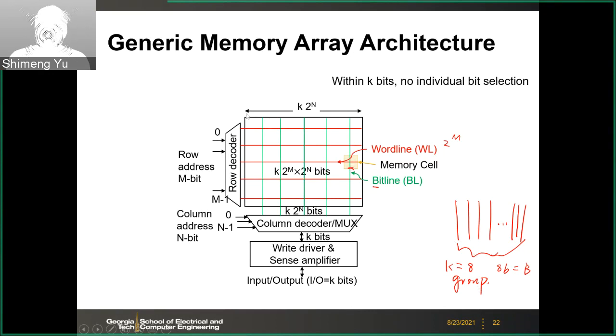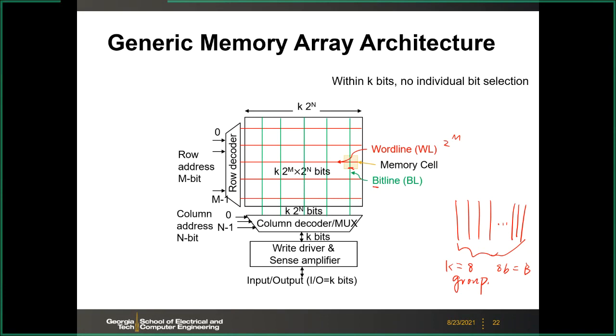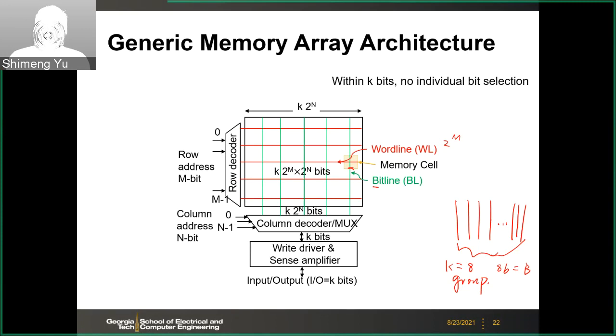In this case, the number of columns will be k times 2 to the power n. Why is that? Because from the n-bit address, you will decode 2 to the power n groups, and each group has 8 bits. Within the group, you don't have the selection, because every time you are going to read out 8 bits together. So in total, you have k times 2 to the power n columns. And then through this mux, you only get these k bits out. In this example, only 8 bits out.